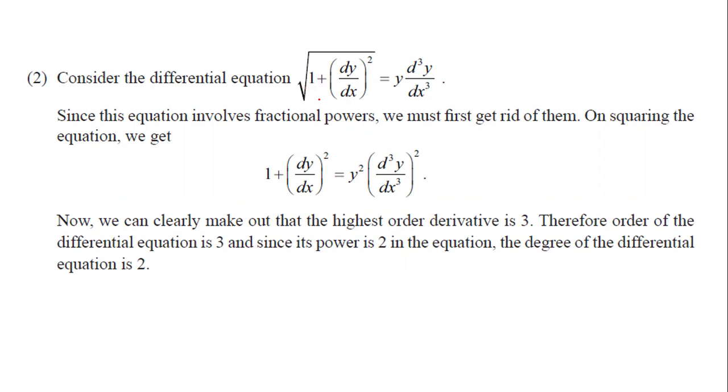Then we get 1 plus (dy by dx) whole square equal to y square (d cube y by dx cube) whole square. Now we can clearly make out that the highest order derivative is 3. Therefore, the order of the differential equation is 3, and since its power is 2, the degree of the equation is 2. So this type of problem is somewhat tricky.